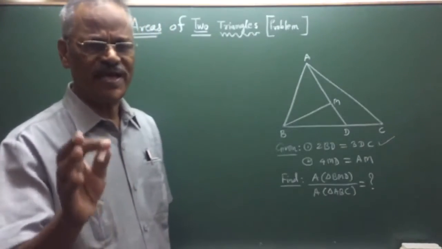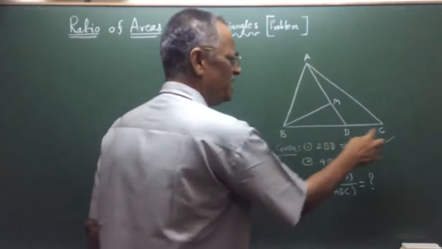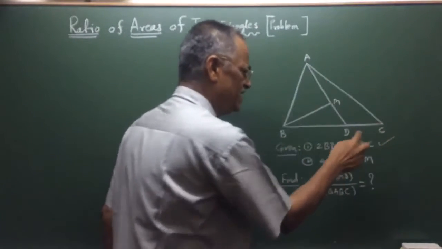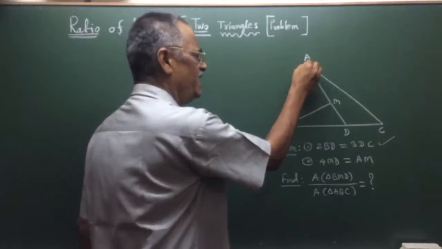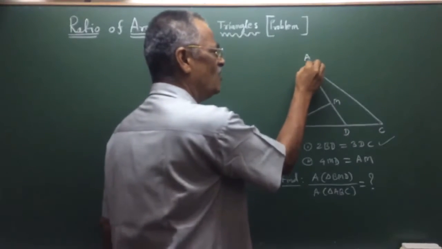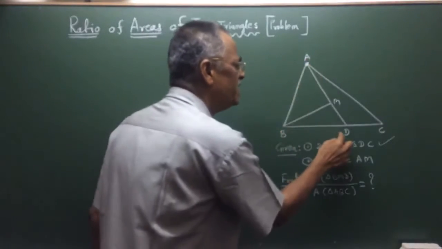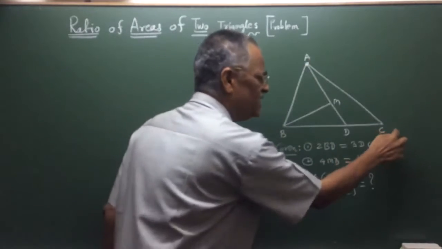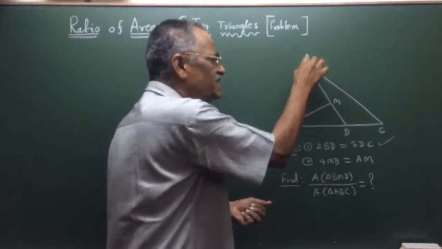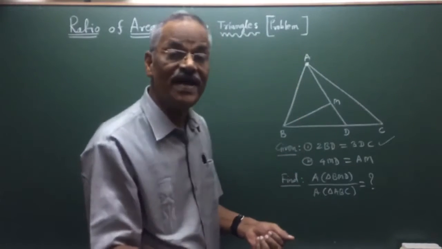You can observe carefully. Consider triangle ABC and next triangle ABD. If you consider these two triangles, the common vertex is A, and triangles ABD and ABC have different bases, but the height is the same, equal height.